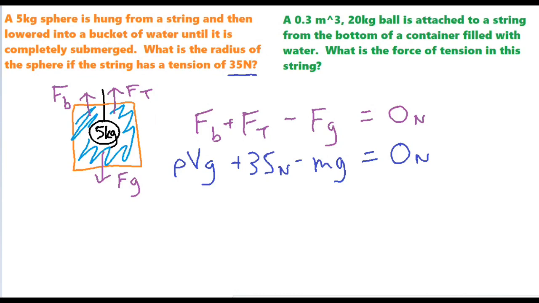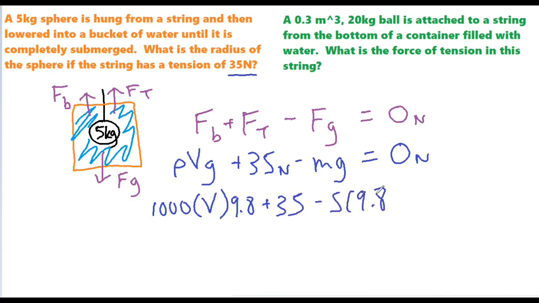So from there, let's go ahead and plug in some values. We know the value of rho, the density of water, is always 1,000 kilograms per meter cubed. For the volume of the sphere, that's unknown. We have a constant g value of 9.8 plus 35 minus 5 times 9.8.